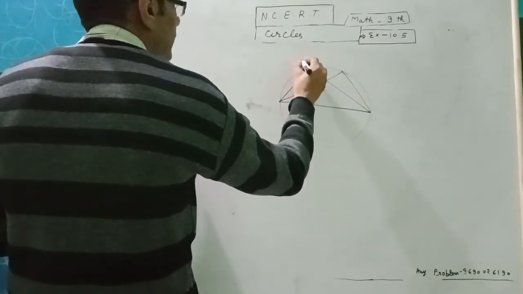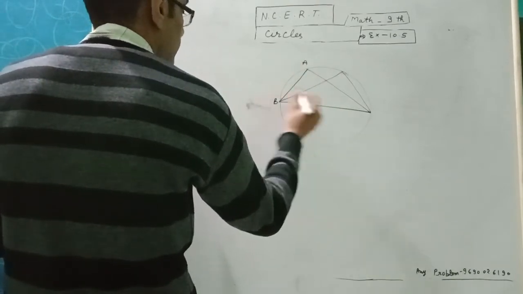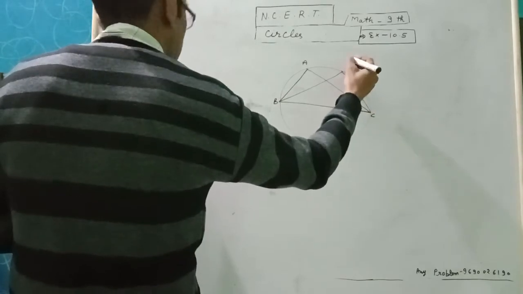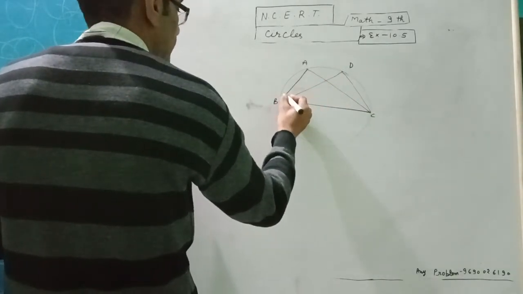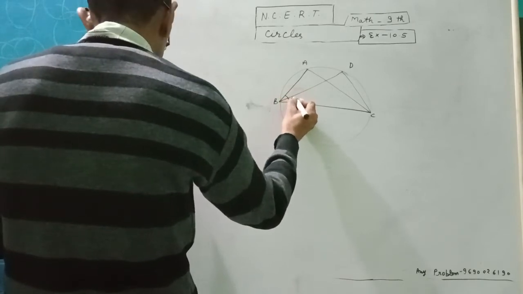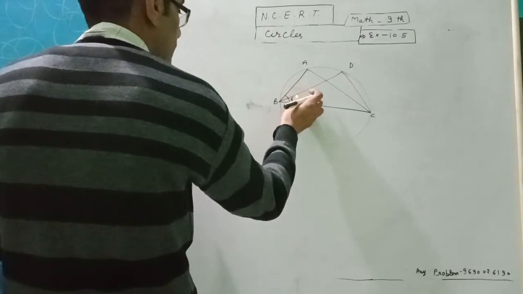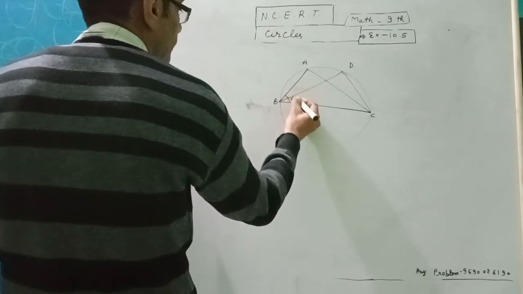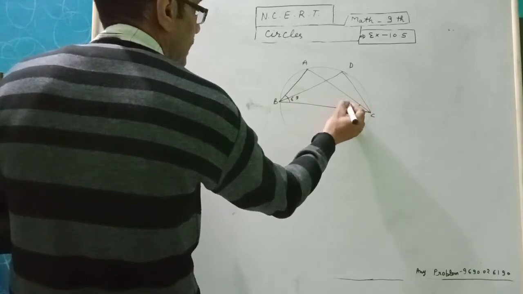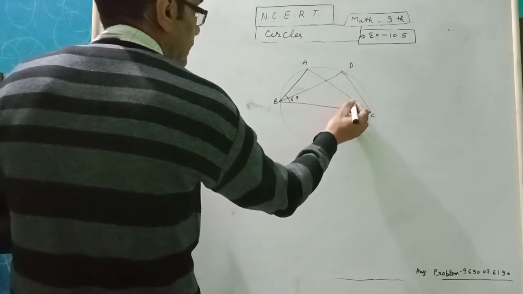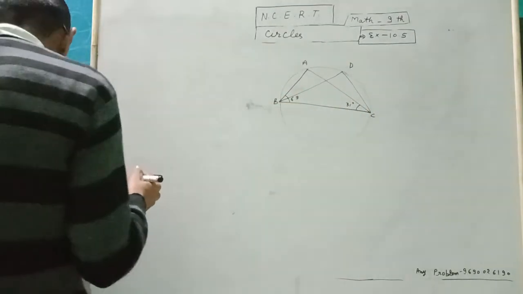Both triangles ABC and D. Angle 69 and that angle is 31 degrees. We find the angle.